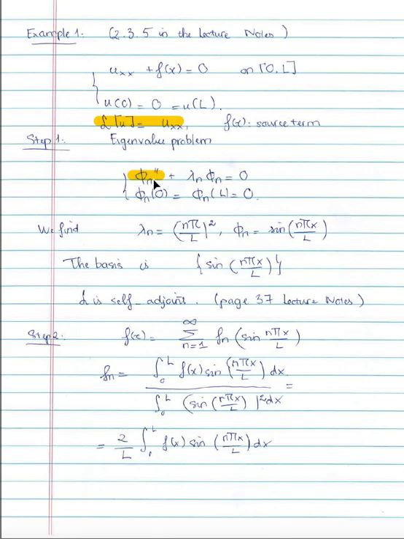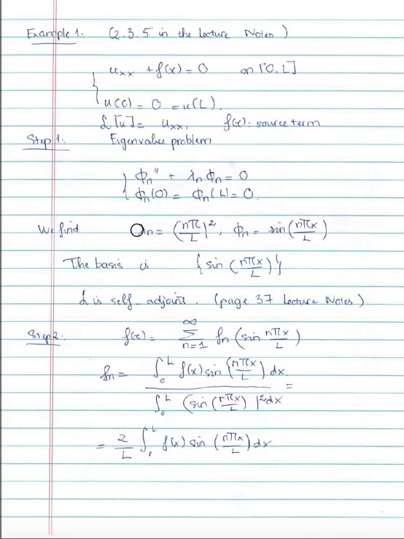So you will try to find a function phi n such that there exists a real number lambda n, such that when you take the second derivative of phi n plus this number lambda n phi n, you will get 0. Again, you have to have the same boundary condition between the eigenvalue problem and the boundary value problem.